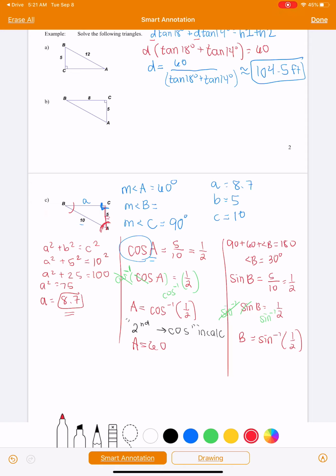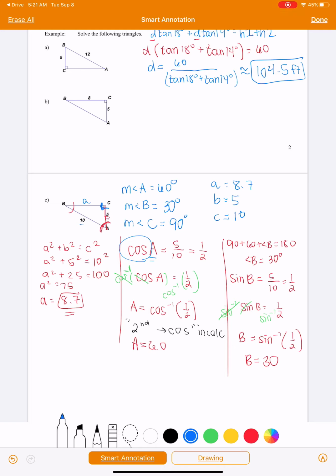All right, so in our calculator, if we hit second sine, you should see this notation pop up. Okay, and that inverse sine of 1/2 leaves us with 30. So angle B is equal to 30 degrees, as we just found when we subtracted from 180. All right, so now we have found all of our info that we need.